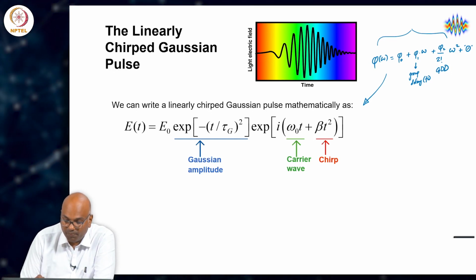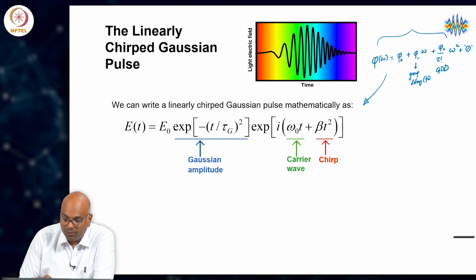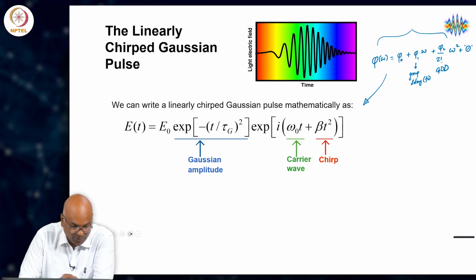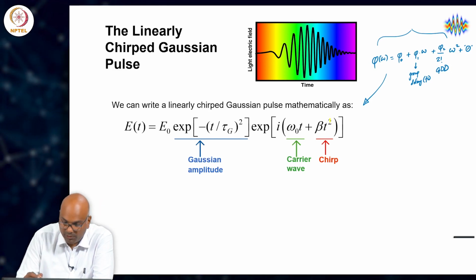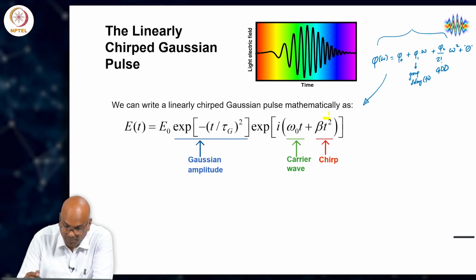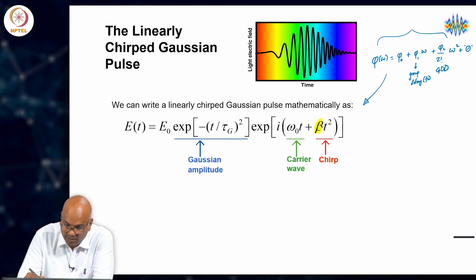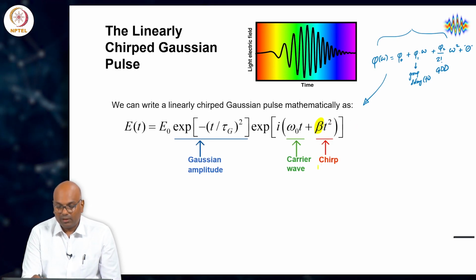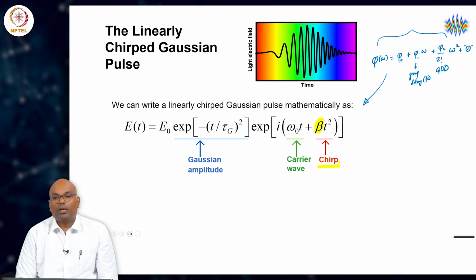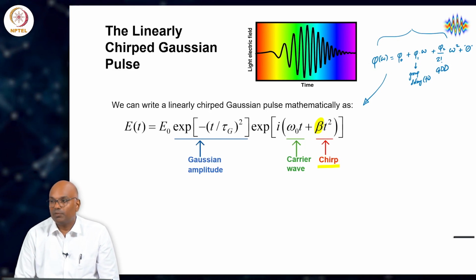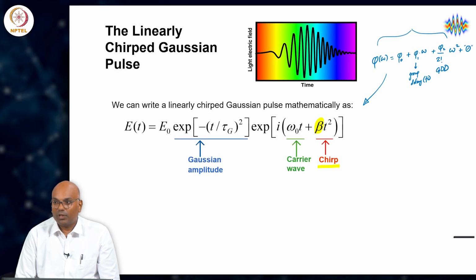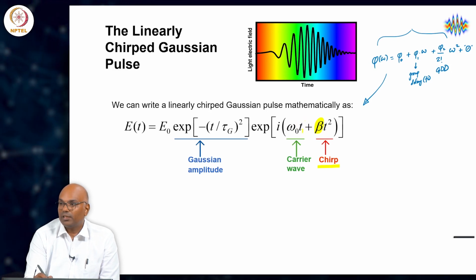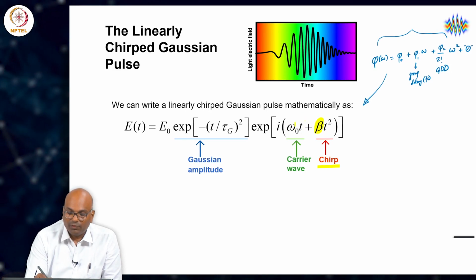In this case, the group delay dispersion being non-zero leads to, in the time domain description, beta being non-zero. So, this parameter beta is the parameter that concerns itself with the chirp of the pulse, whereas the alpha, if it had been just a Taylor expansion, alpha is nothing but omega.